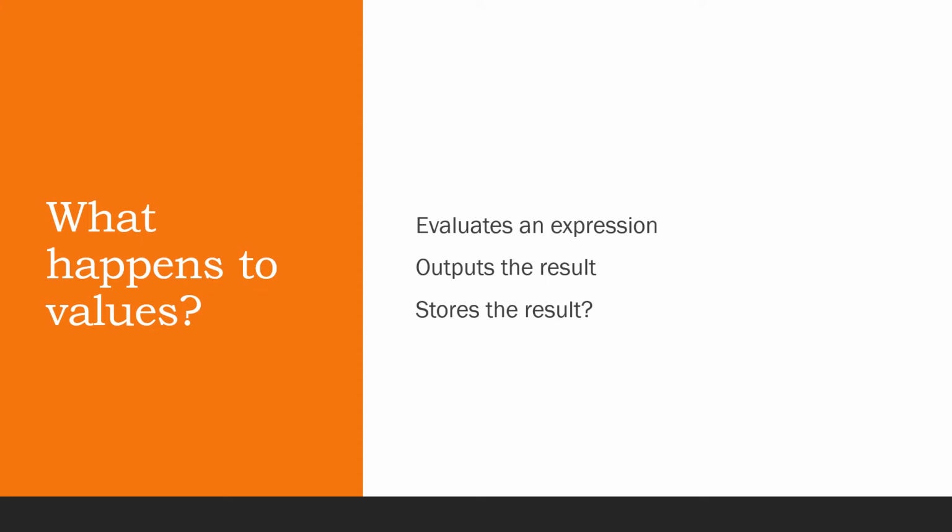But quite often, we don't just want to do that. We want to save that value to use again later. The way that the computer does this is it stores the result in its electronic memory. In the earliest computers, you would simply give the computer the electronic address where you wanted to store the value.